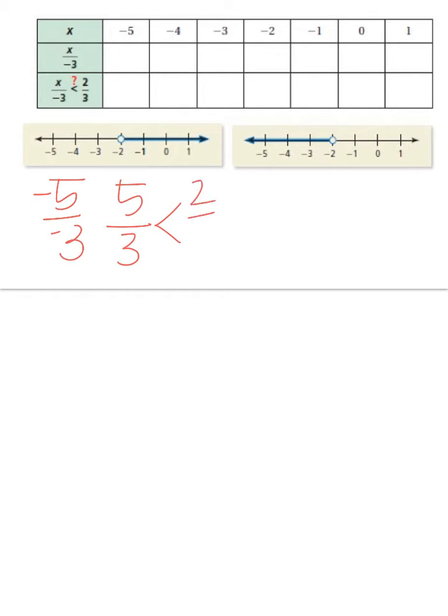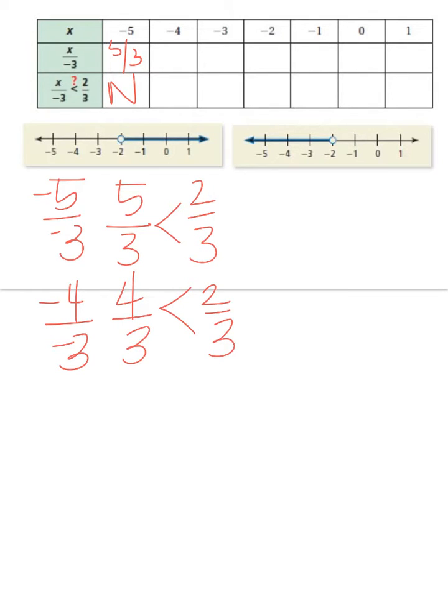Is 5/3 less than 2/3? No. So now I'm going to try -4 over -3, and that's the same thing as 4/3 is less than 2/3. Again, that's a no. You take a minute and finish filling in this table.